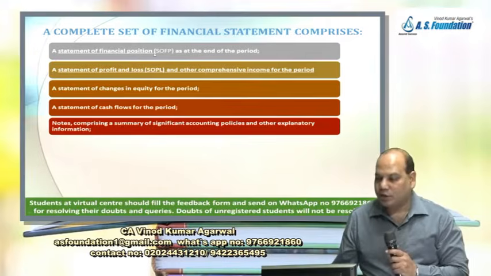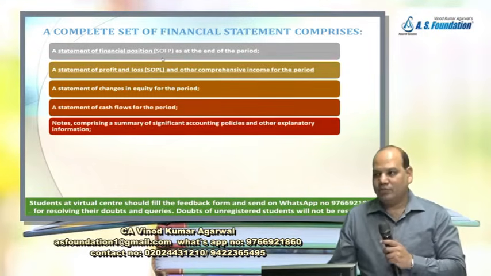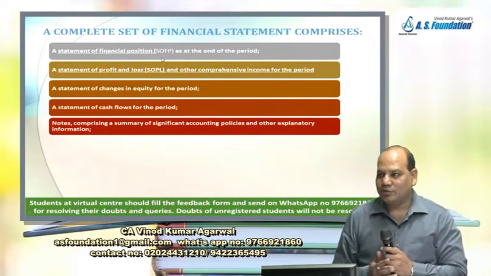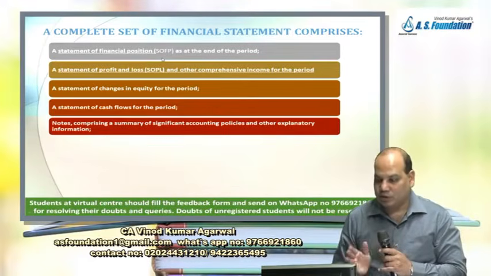So a complete set of financial statements under IFRS would include a statement of financial position, which in these notes and in our entire syllabus we will call SOFP. While talking we can call it the balance sheet also, but while writing we will write SOFP in this subject.